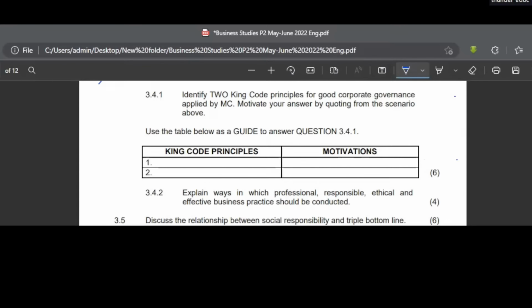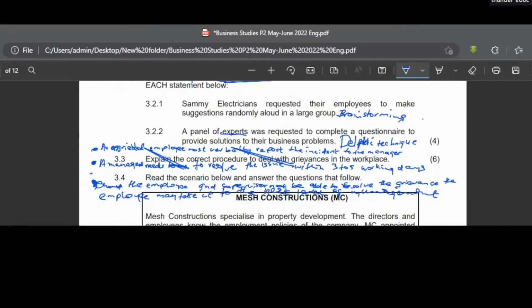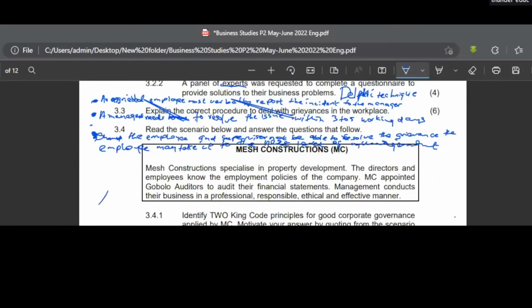Okay, grade 12s, let's check question 3.4. So now 3.4 reads as follows.